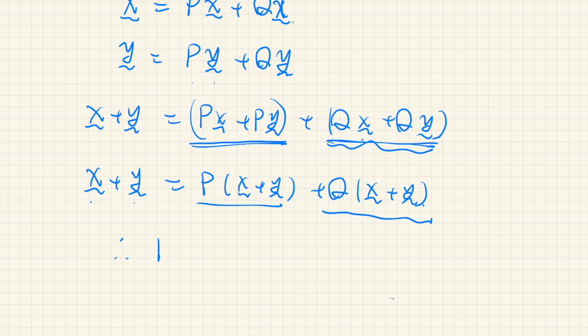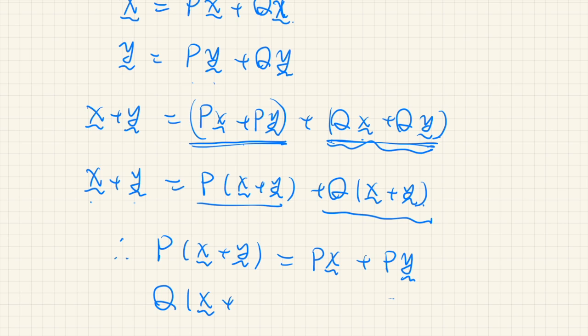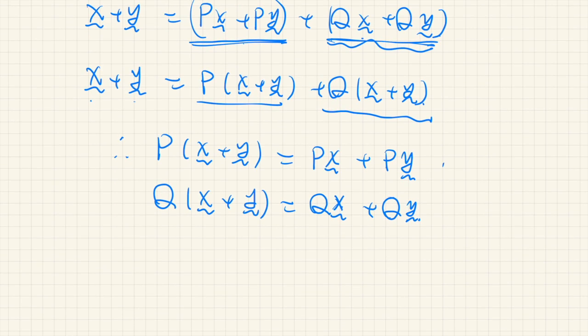So therefore, P applied to x plus y is equal to P applied to x plus P applied to y. And similarly, this one is this. Okay, so for the summation, it's almost linear.